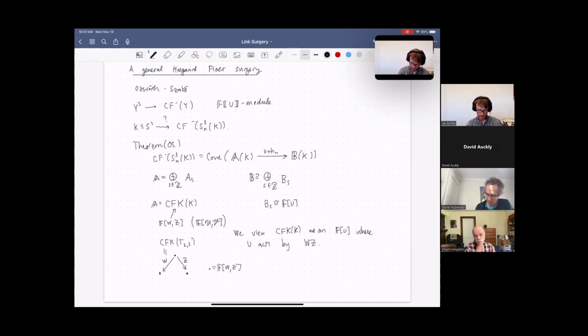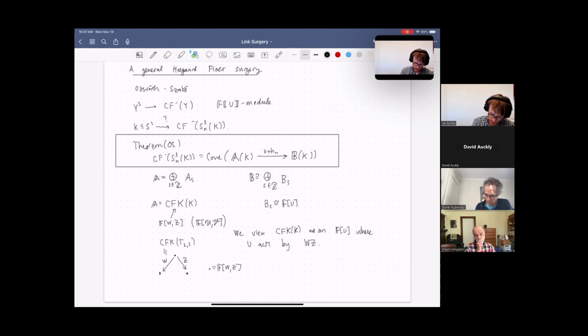You multiply both of the variables together, and this gives you a U action on the whole mapping cone. So this is an isomorphism of F adjoin U modules, or chain complexes over F adjoin U.